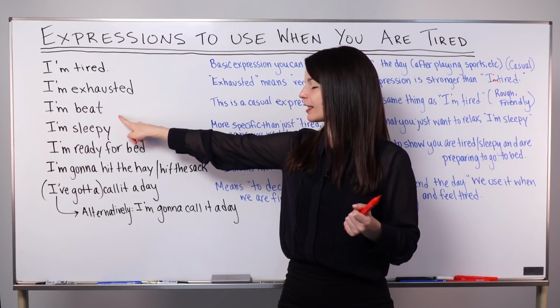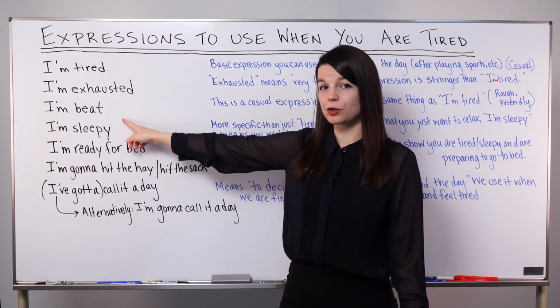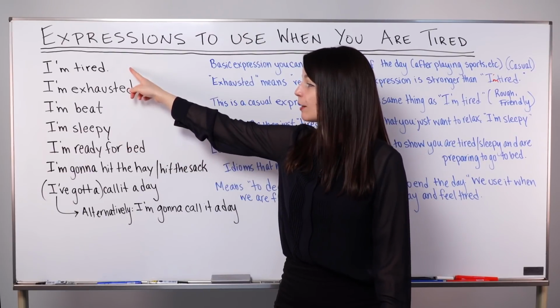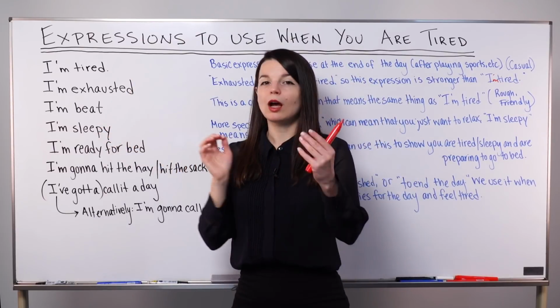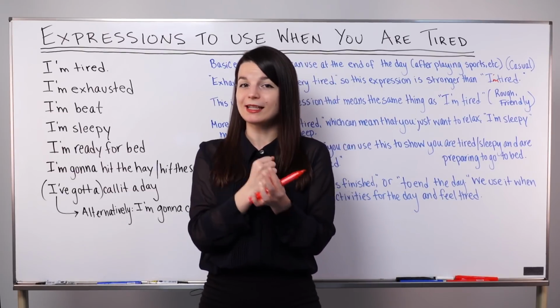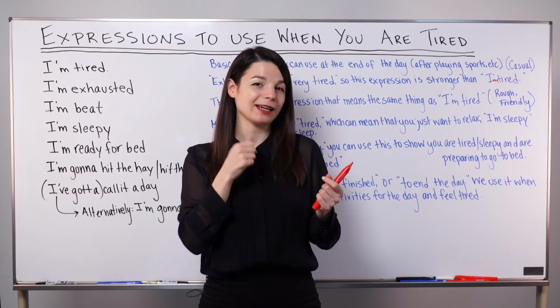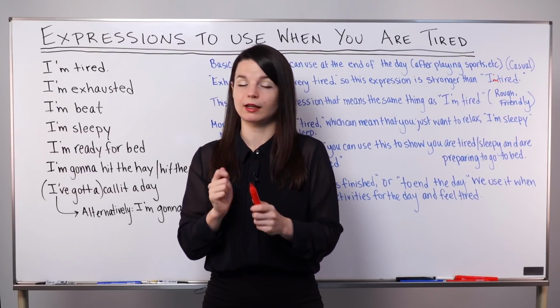I'm beat. I'm beat is a very casual way to say I'm tired. This comes from the verb to beat. To beat can mean to hit something. For example, to beat a drum means to hit a drum.